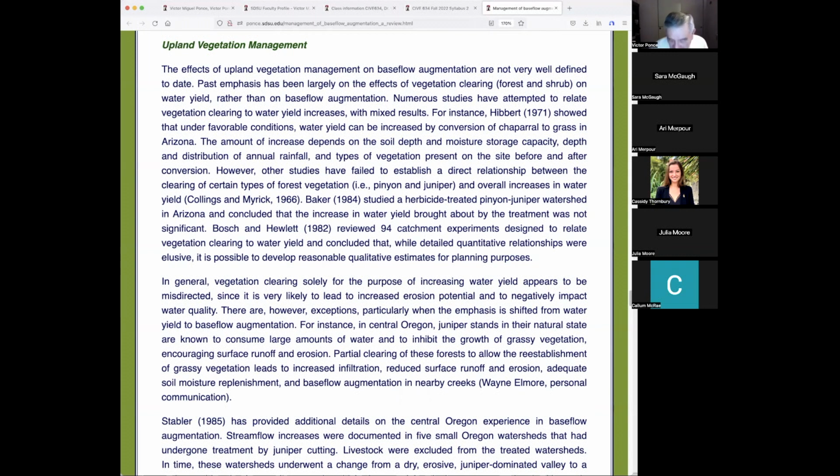The origination of the ARS lab in Tucson was for the purpose of examining precisely this problem. Can we kill the trees over here in order to get the water that they would have used over there? And after 10 years, and this was told to me by none other than the director when he retired back in the year 1994, he said that they tried 10 years, from the middle 50s to the middle 60s and early 70s, to prove a cause and effect between killing the vegetation and having more water.